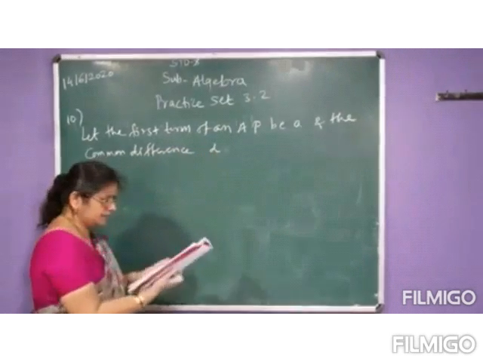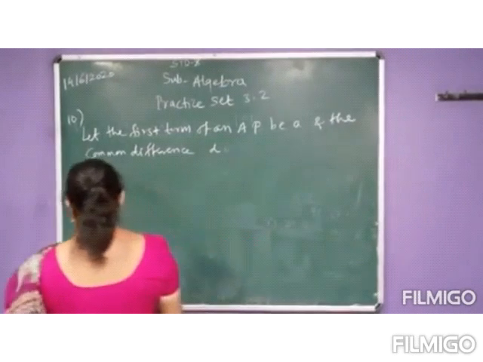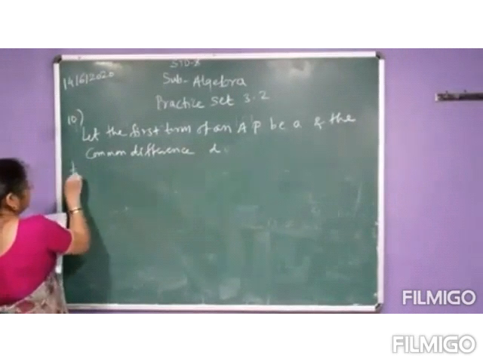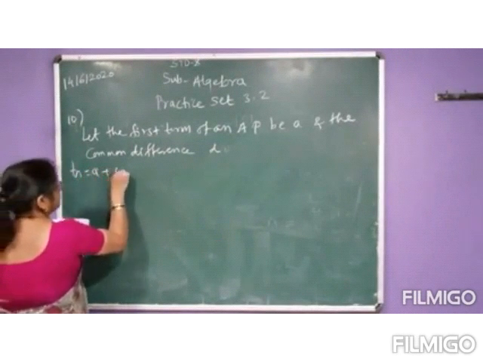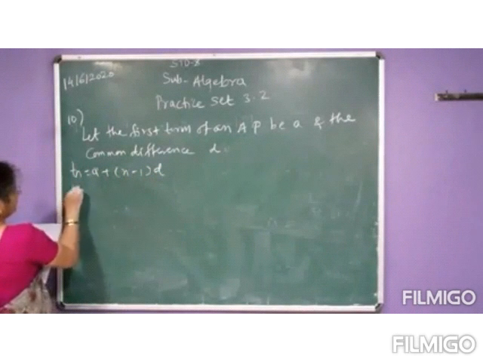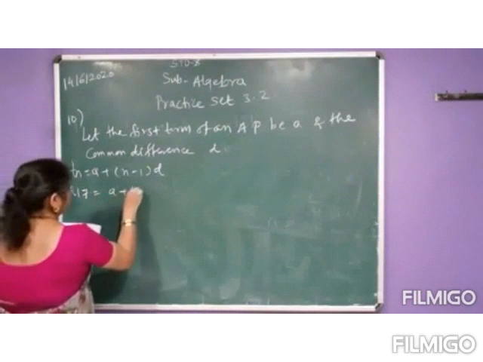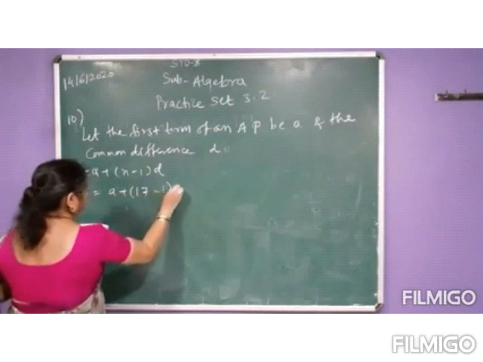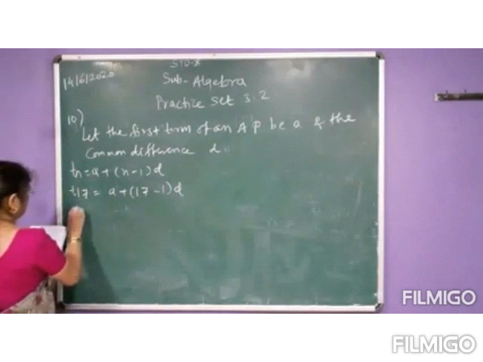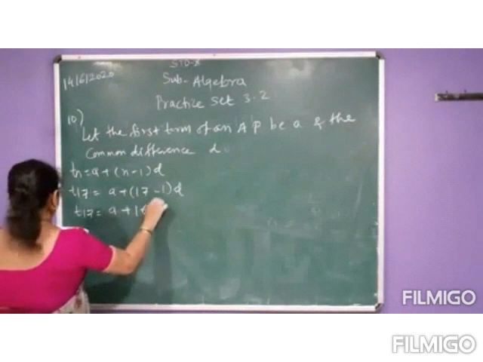Common difference is D. Now first we will write the formula. Tn is equal to A plus n minus 1 into D. Now T17 is equal to A plus 17 minus 1 into D. So T17 is equal to A plus 16D.